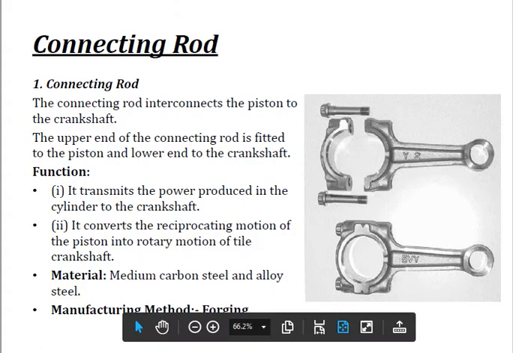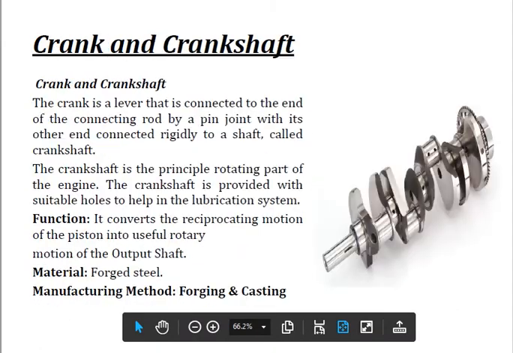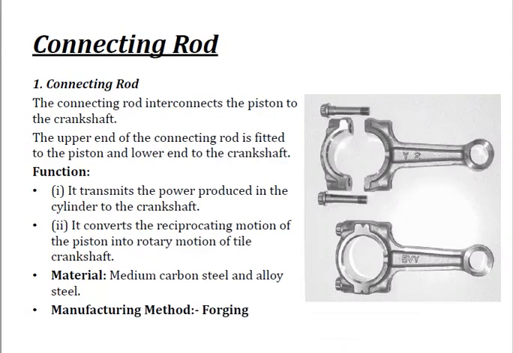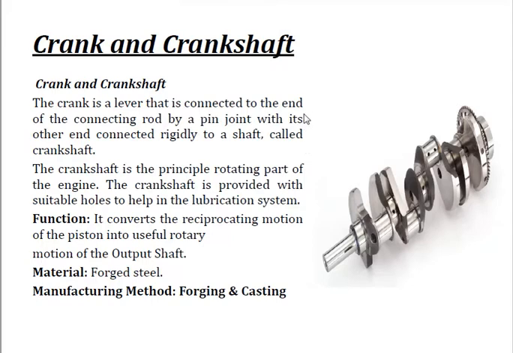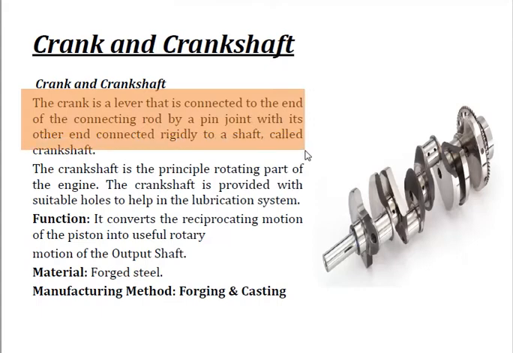Moving ahead, the next component we will discuss today is the crankshaft. Now what is the crankshaft? Basically we will first see the crank. The crank is a lever that is connected to the end of the connecting rod by a pin joint, and its other end is connected rigidly to the shaft, and that shaft is called the crankshaft.